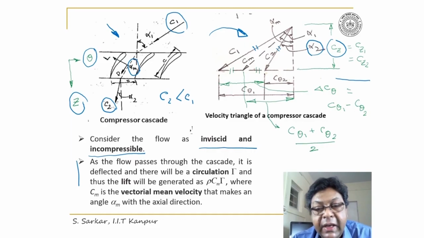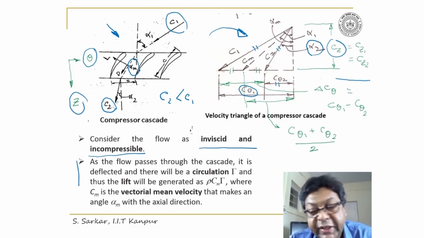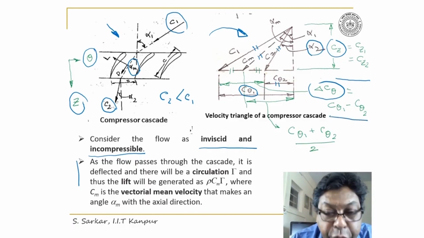Similarly, C theta is the tangential component, so I have indicated here C theta 1. This line segment is C theta 1. I have indicated here C theta 2. C theta 2 is the tangential component of C2. Now I'll define Cm, the vectorial mean velocity. How? This line segment, which I have indicated by a green line, is del C theta. Del C theta is equal to C theta 1 minus C theta 2.